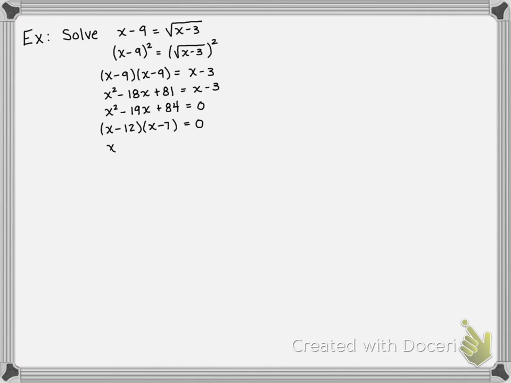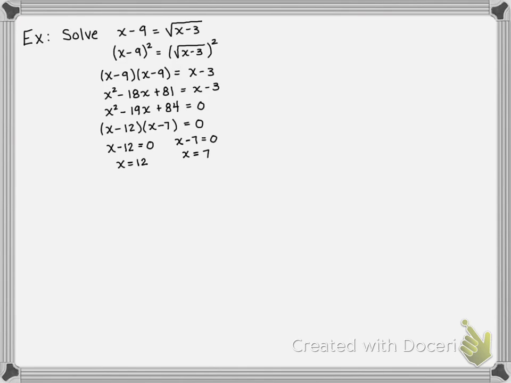So then I'm going to set each of these equal to 0. So x equals 12 and x equals 7. So now it's time to check.